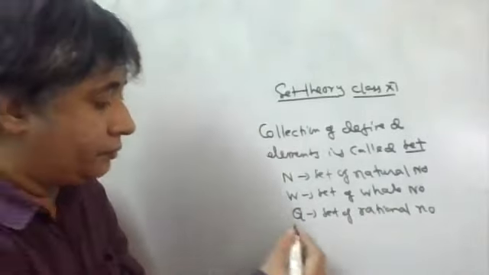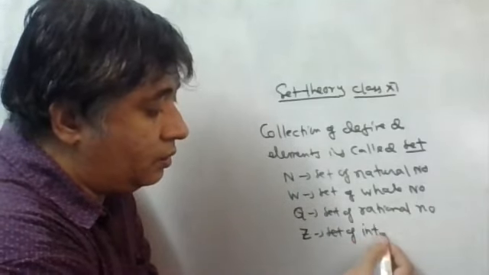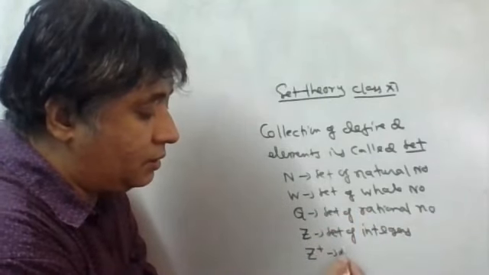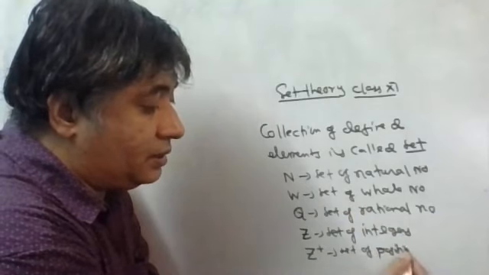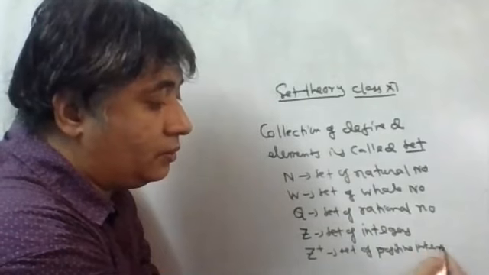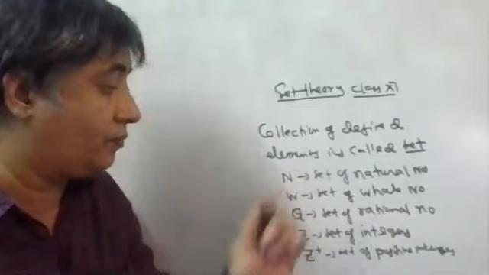Then Z, set of integers. Z plus, set of positive integers. In this way, we can denote different types of sets.